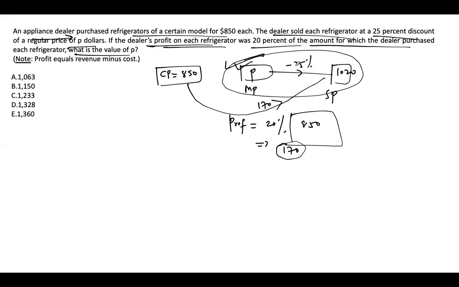So 25% is 4, this would be 3. Again, I made the same mistake like I did in the previous question. So 3 into 340, 3 into 34 is 102. So 4 into 340 would be your answer, 1360, sorry.